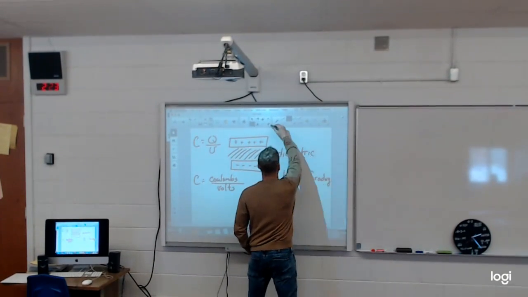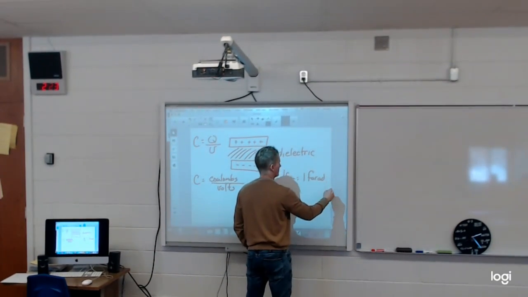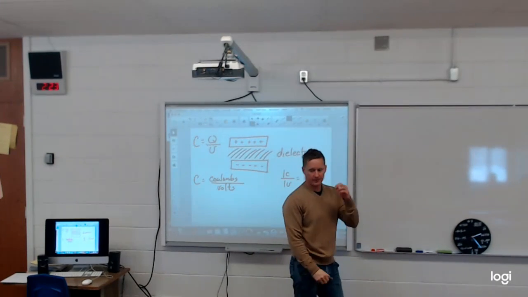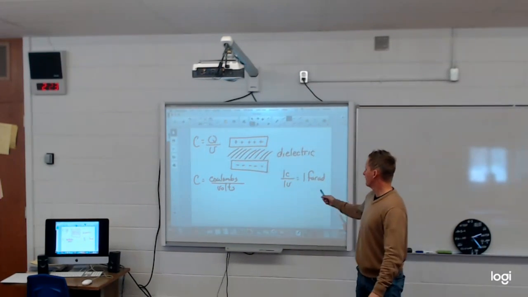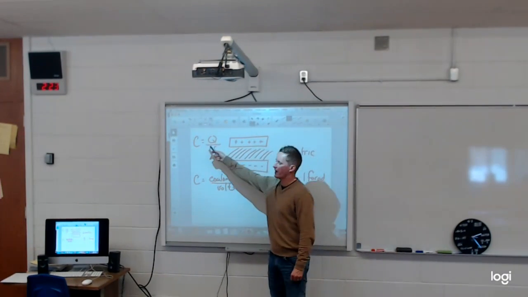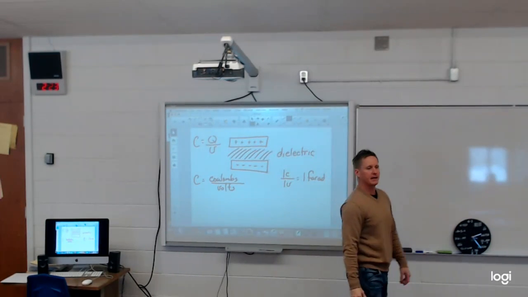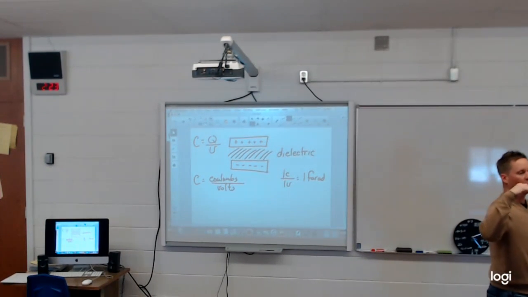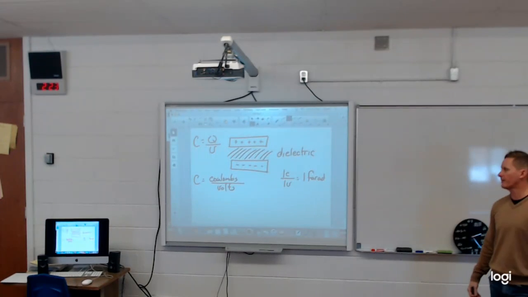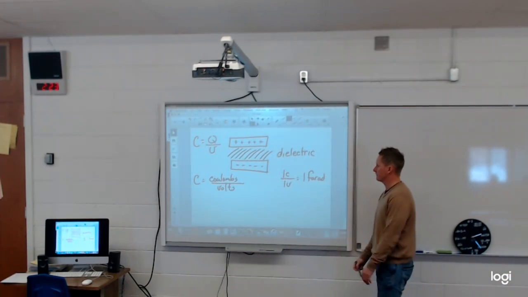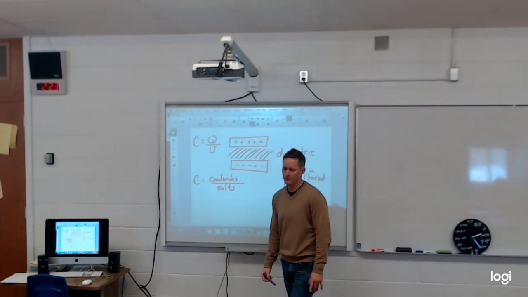I put Faraday because that's the name of the dude, but it's farad. So the measure for capacitance is farads, and you calculate it by taking the ratio of the amount of charge over the potential difference between the two plates.